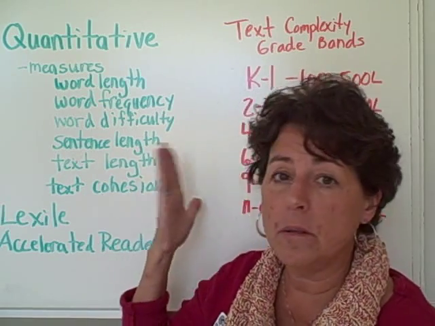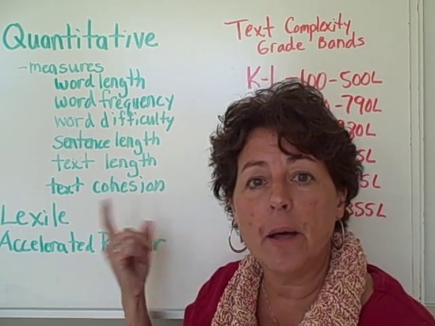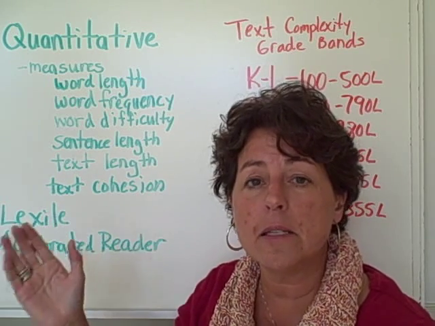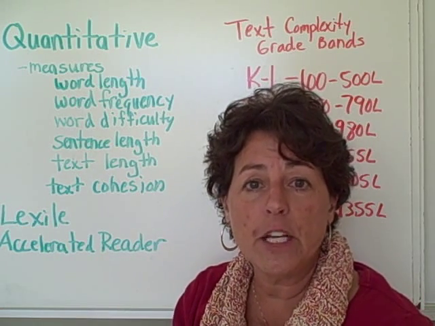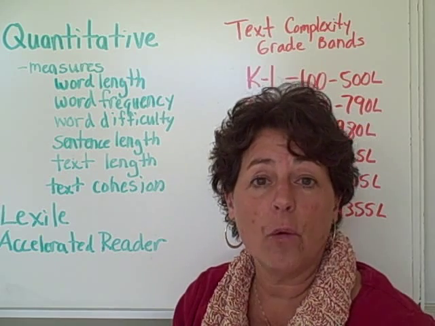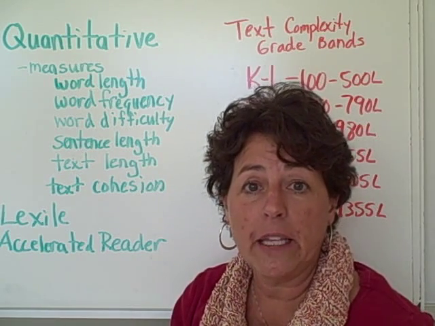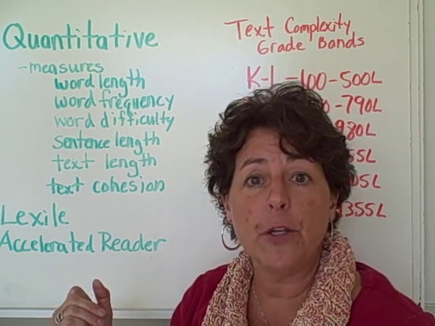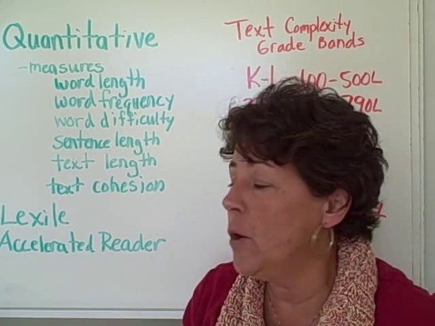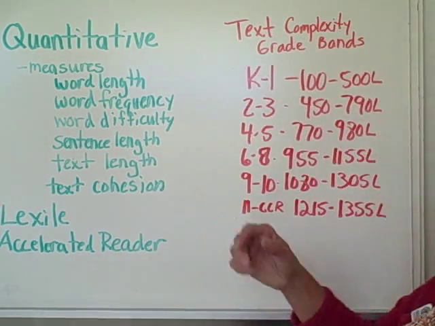Behind me, I'm going to move out of the screen for a second and show you the text complexity grade bands, where the Lexile ranges fall by grade level. I'll let you review it for a little bit and then we'll go on to the next component of text complexity.